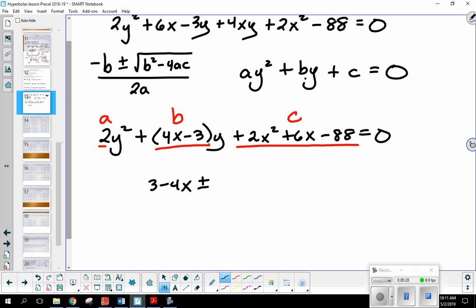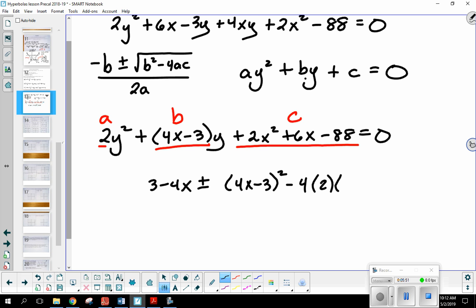Now, before I go ahead and put the radical, I'm going to take care of the b squared minus 4ac. Since b is a binomial, I'm going to say 4x minus 3 squared. There's b squared. Minus 4 times what's a? A is 2 times c. But what's c?